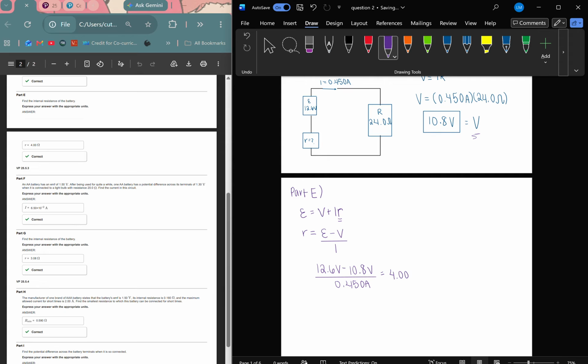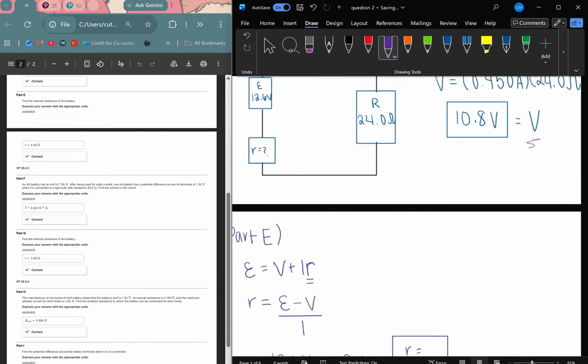And the internal resistance, I don't know if you remember, is in ohms. So that is what r, the internal resistance, equals.